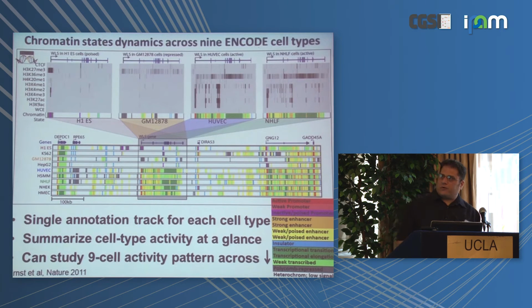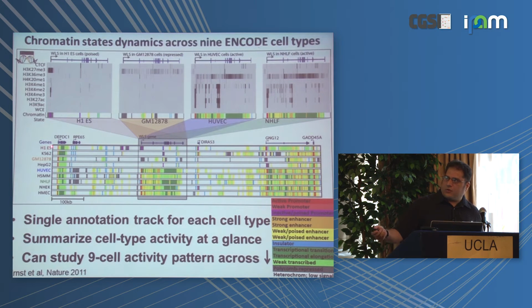This is another illustration of what we did. In this case, we have the same genomic loci in 4 different cell types, and this is showing you the raw input signal of the different histone modifications. Then we have a chromatin state call in the 4 different cell types, color-coded based on these annotations.